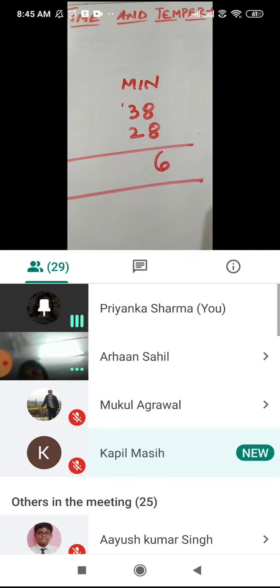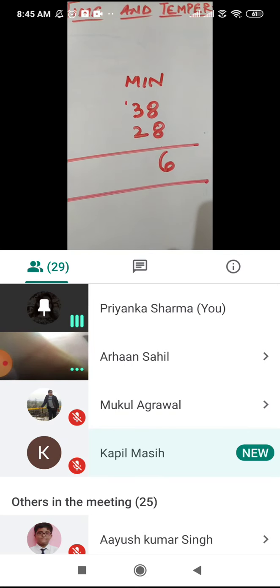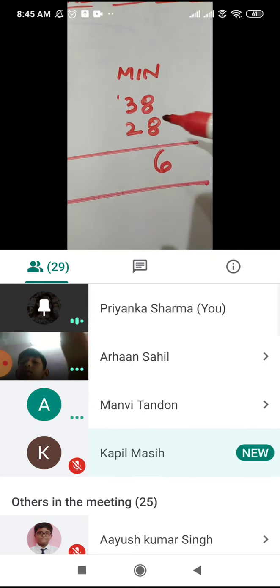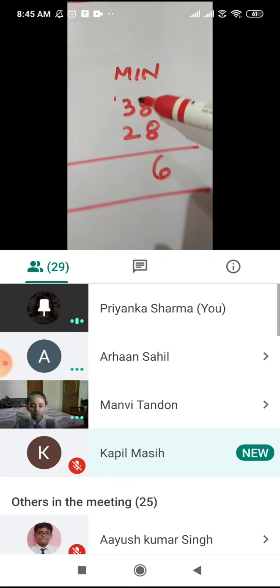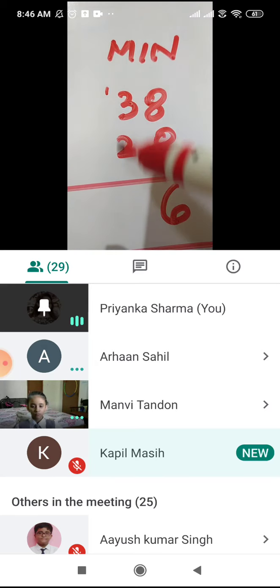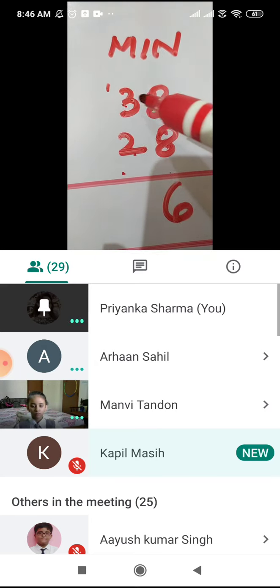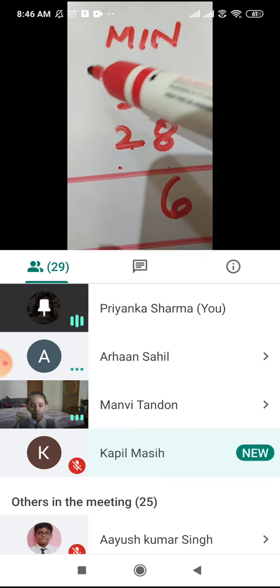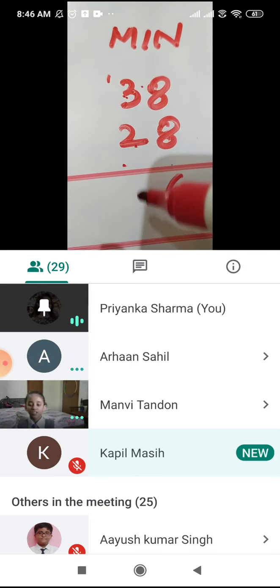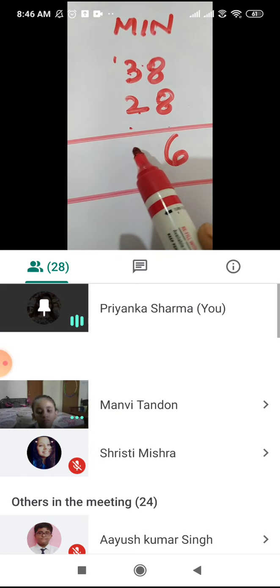Till now, we were doing additions where it was normal addition and the number was not exceeding 6. Now when this number becomes more than 6, here what is the number coming? 8 plus 8 is 16, 1 carried over, 3 plus 1 is 4, 4 plus 2 is 6. When 6 comes in this column, pay attention.